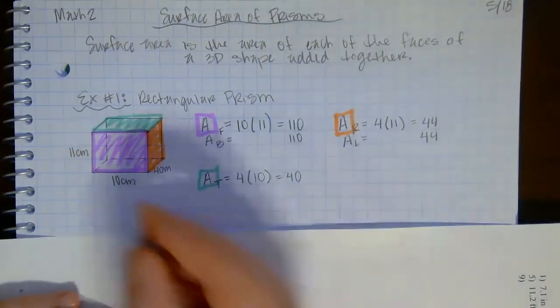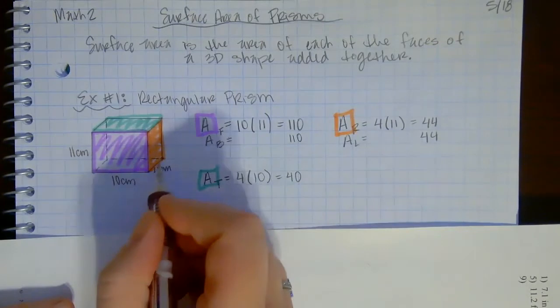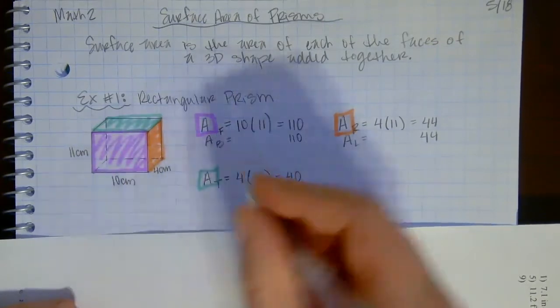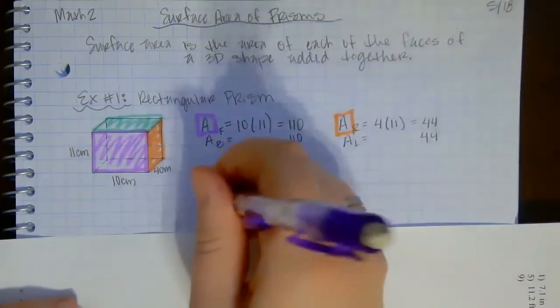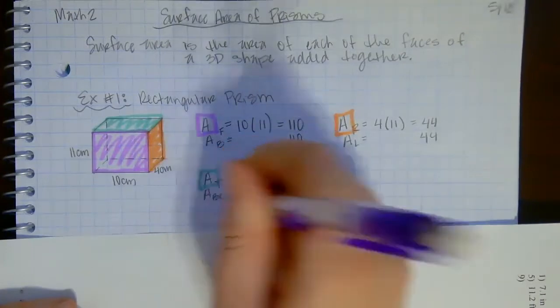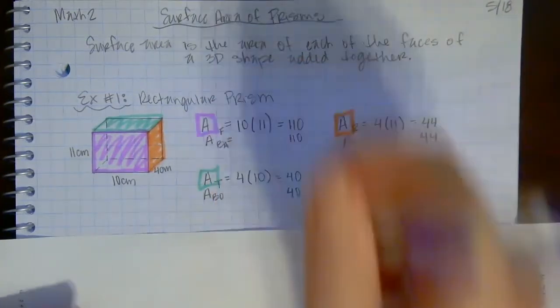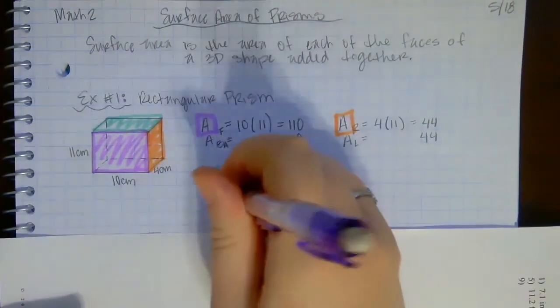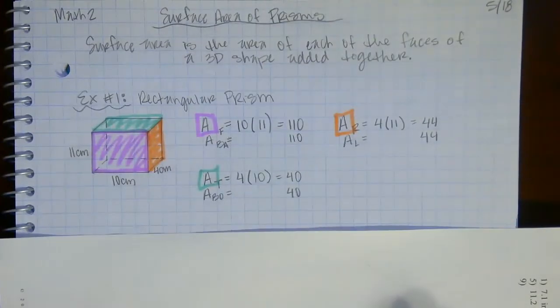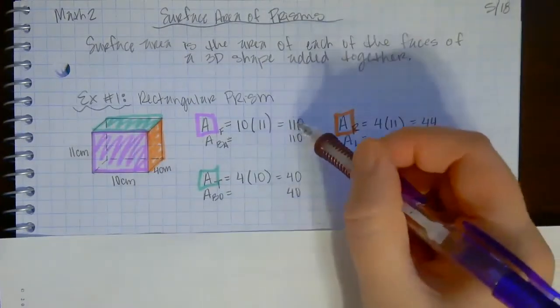That's the top. And then remember on the bottom right here, you can see through it, it's the exact same shape. So I have another one. And I'll just call that BO for bottom because I'll call this BA for back.